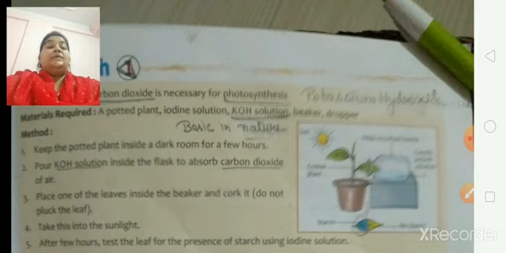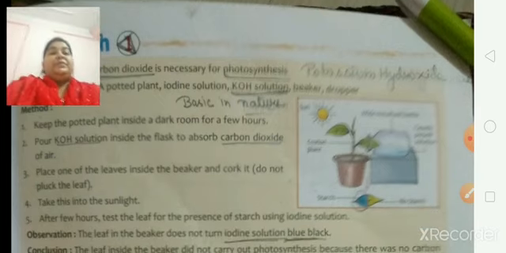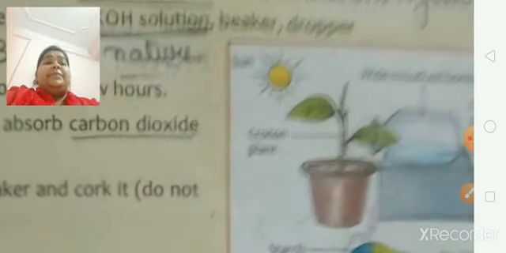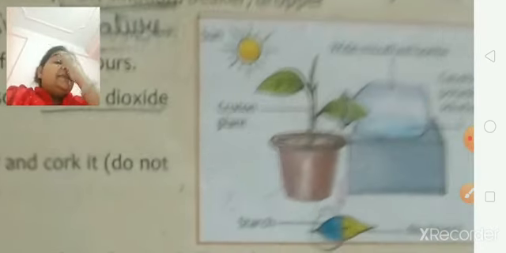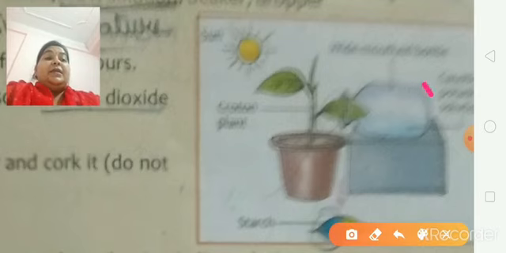KOH is the chemical formula of potassium hydroxide, and potassium hydroxide is usually basic in nature. Clear? Now what you all have to do, just look at this diagram. From this diagram you can clearly see what's going on. In this diagram we have taken a potted plant.